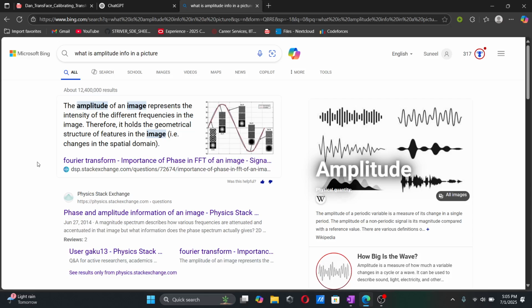Yeah, exactly, that's what I thought. Therefore, it holds the geometrical structure of the feature image, that is the change in spatial domain. Okay, so it's basically the intensity of a color, I guess, right? Yeah, it's something like that.